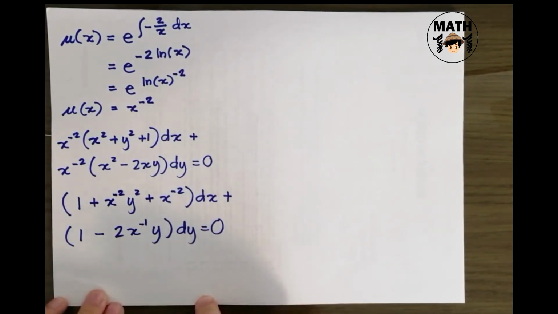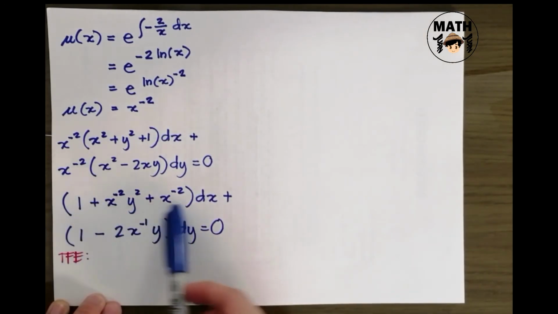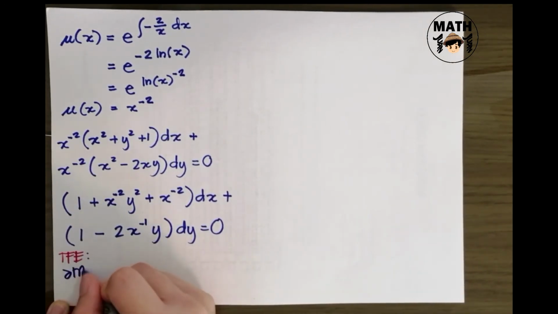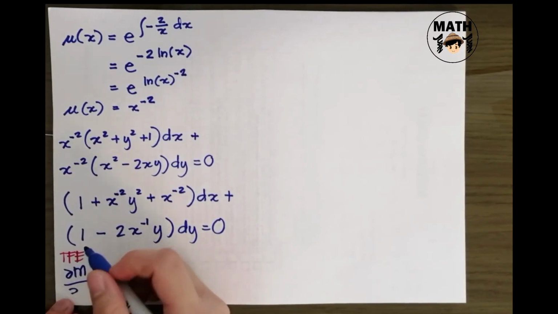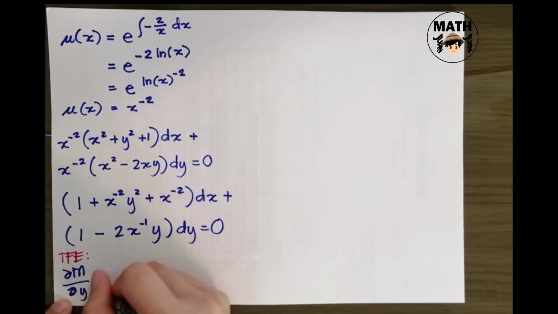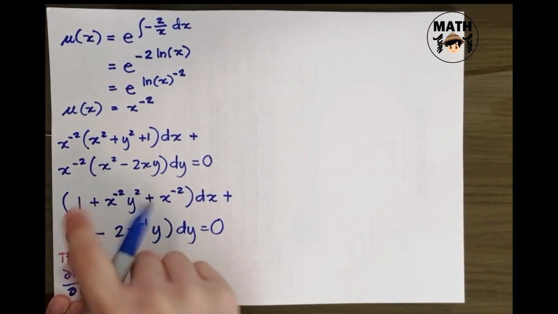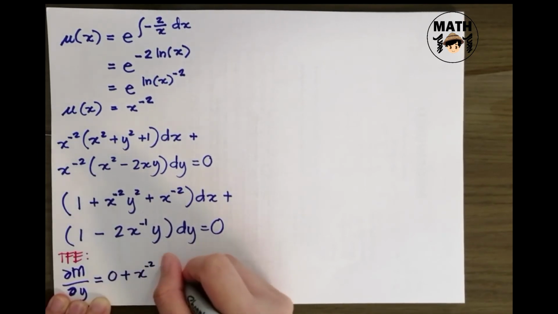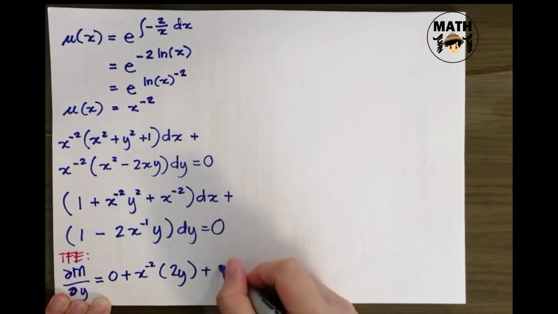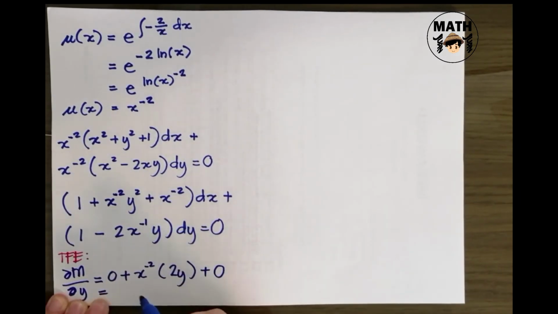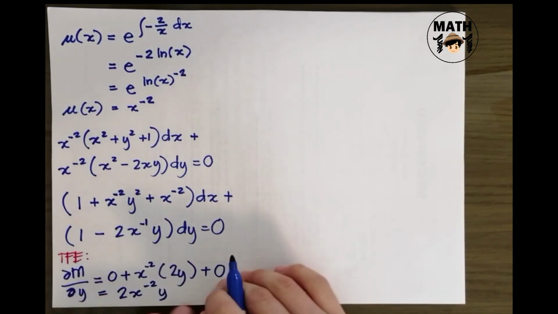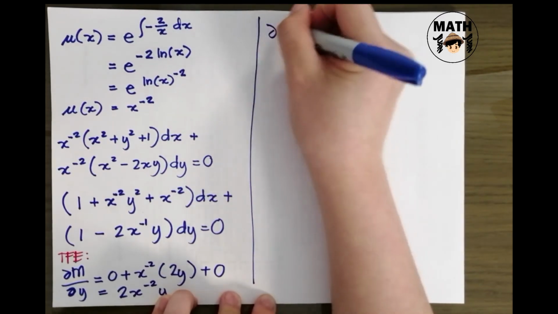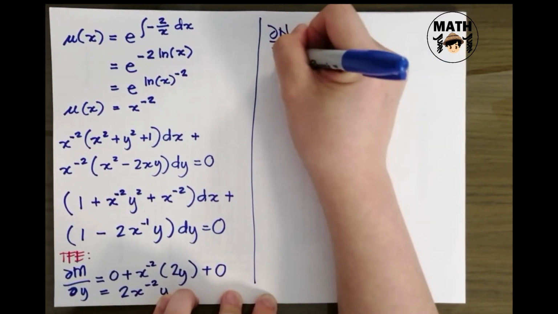So, i-test natin ulit kung siya ay exact. This is now the new m. Partial derivative of 1 is 0 plus, y taken as constant, derivative of y squared is 2y plus, x taken as constant. Then simplifying, we have 2 x raised to negative 2 y. Next, partial derivative of n with respect to x.